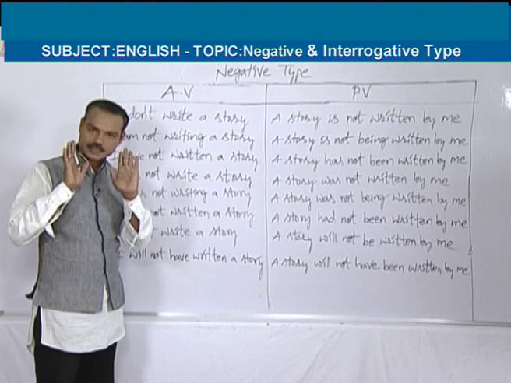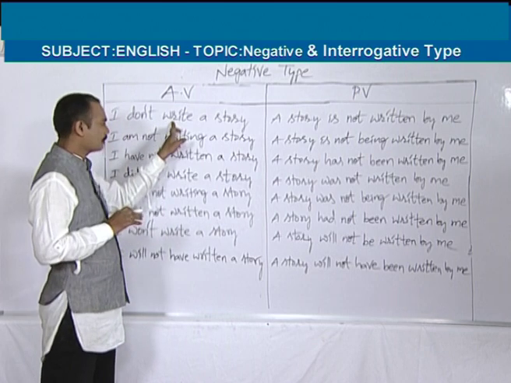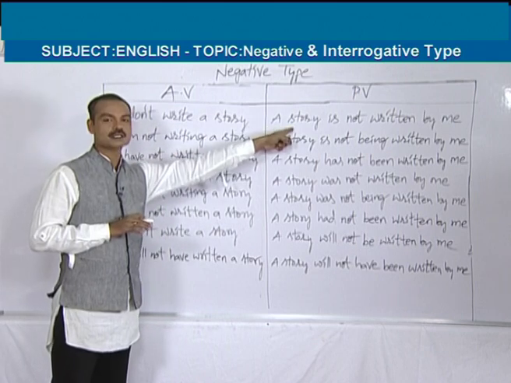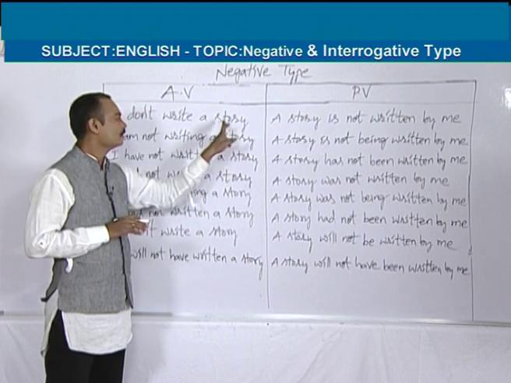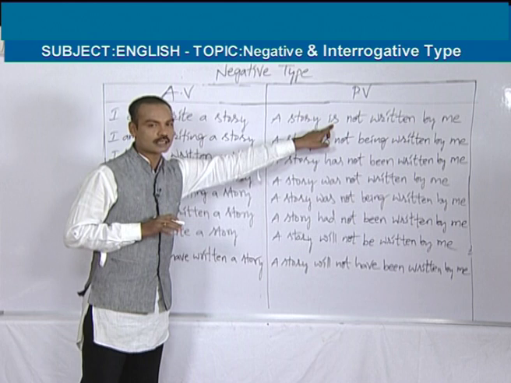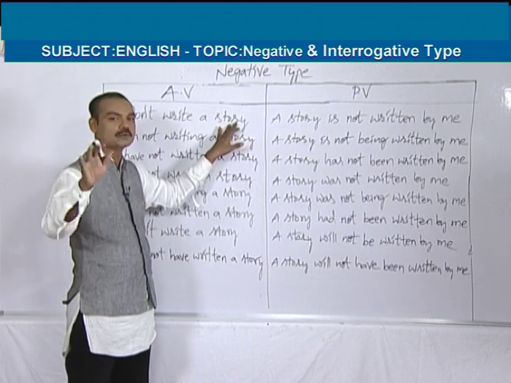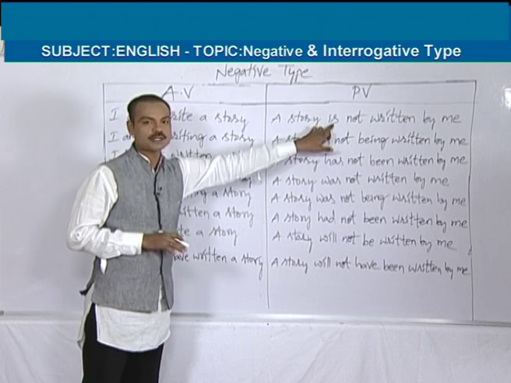So friends, in the examinations, if they give negative statements from simple present tense, this is the process of changing into passive voice. If they give a singular object, the passive should start with the singular helping verb is. If they give a plural object, stories or books or any plural object, then are should be taken here.